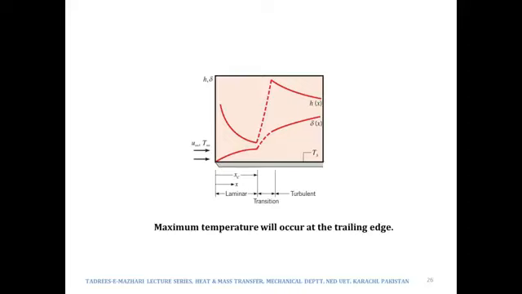And since h has the least value at the trailing edge, kindly note, do not consider that h has got the least value over here, because the flow is laminar over the entire plate.